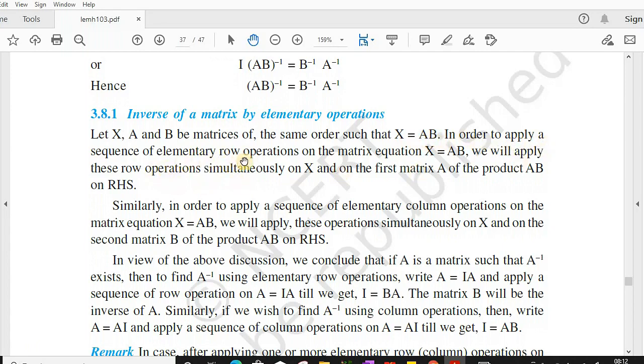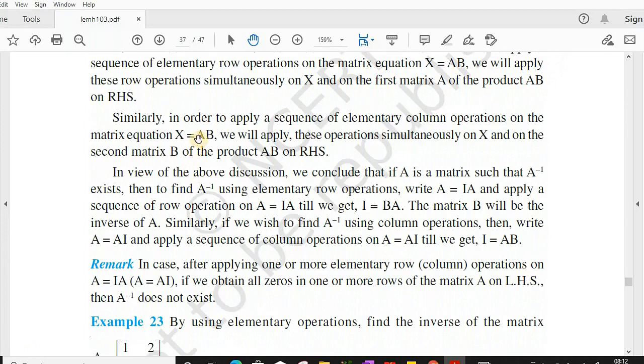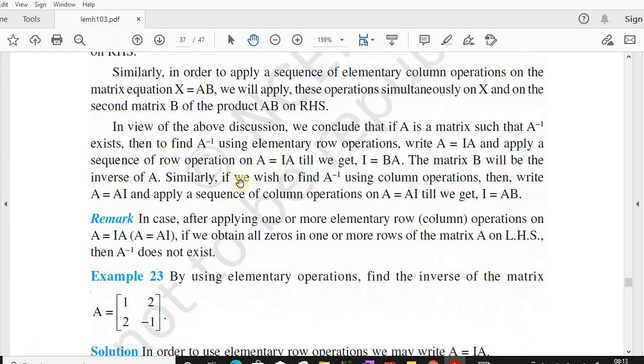In order to apply a sequence of elementary row operations on the matrix X equals AB, we apply the row operation simultaneously on X and on the first matrix A of the product AB on the right hand side. Similarly, for column operations, we do it the same way.